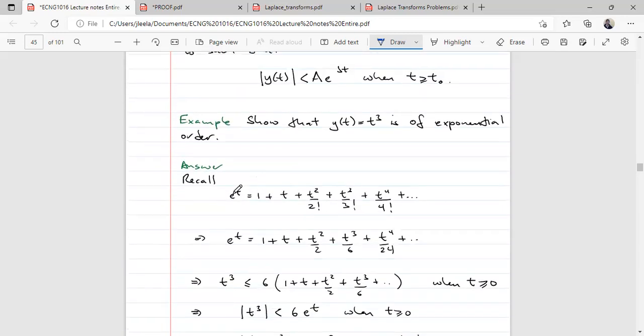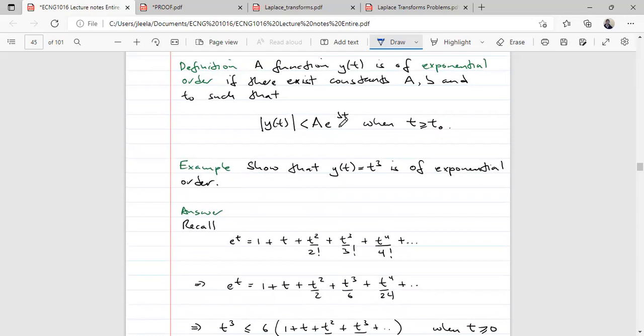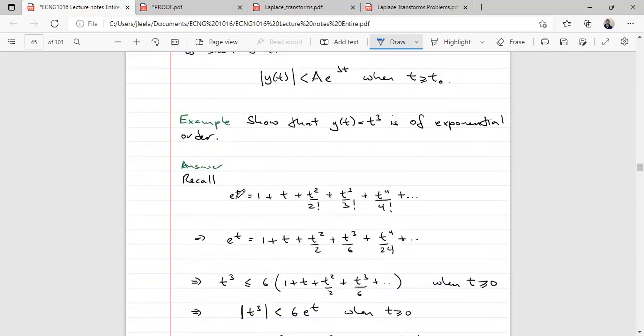So first of all, we have e to the bt here, this part. So we're using e to the t, so your b here is 1. So we find our exponential function, in order to get the exponential function to be greater than the absolute value of this function here, y(t).